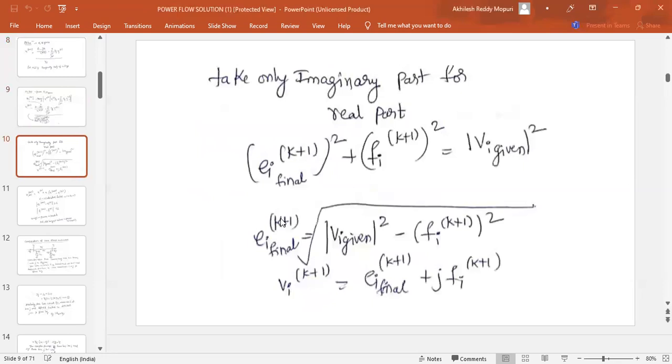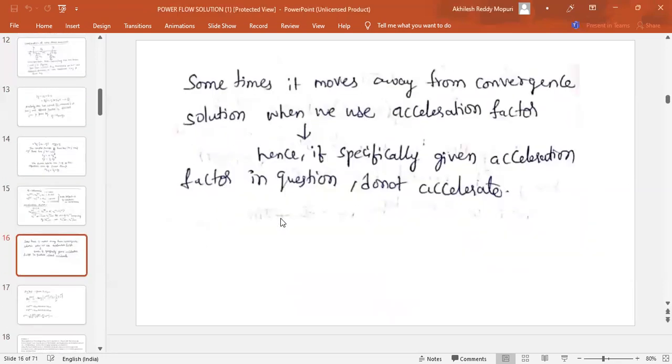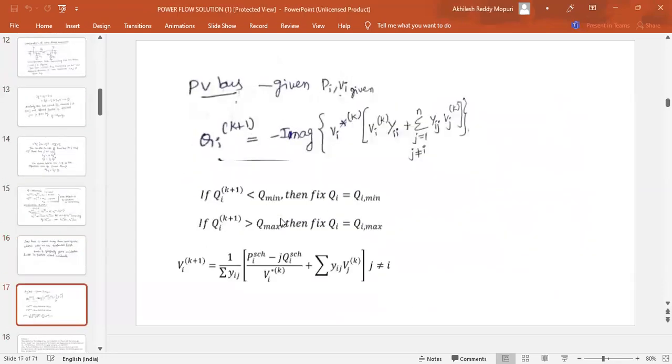Suppose they had given you a problem with some range. They had given Q is in between, like 0.1 less than Q less than 0.2. That is, they had given Q minimum and maximum values. Power mismatch range they had given. Now what should you do?